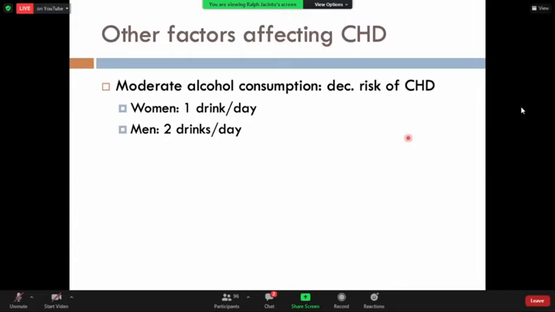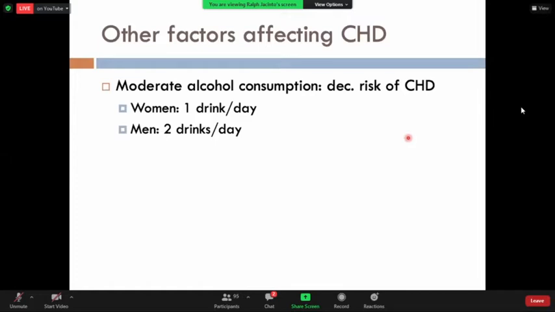Now, studies show that alcohol consumption would actually decrease the risk of coronary heart disease. However, it must be controlled because high levels of alcohol would be harmful to our liver. Okay, so it must be in moderation.